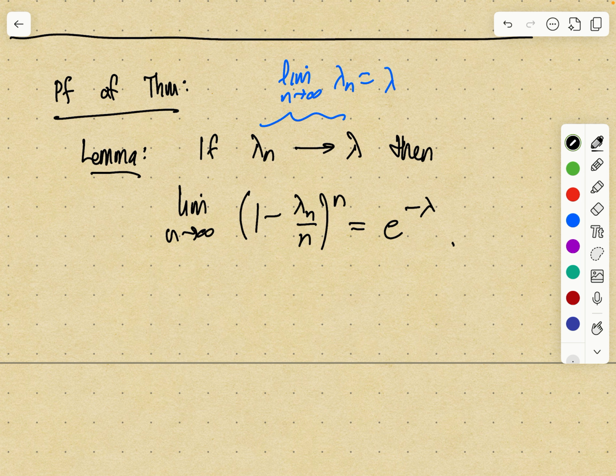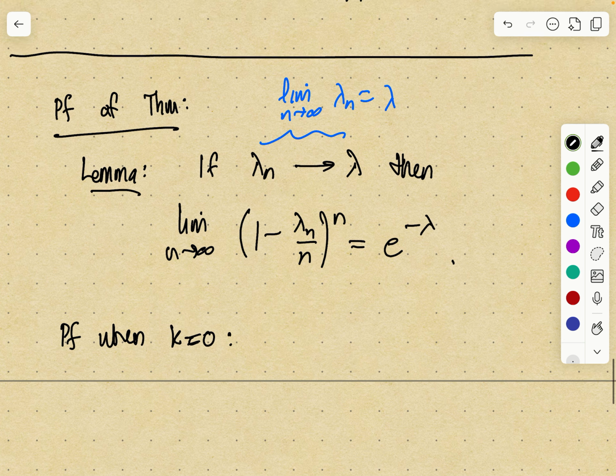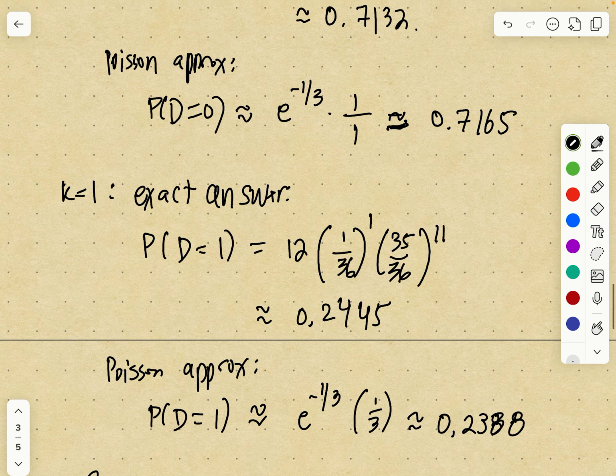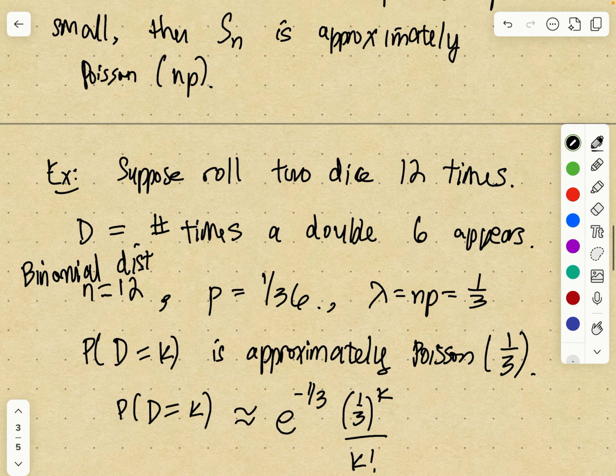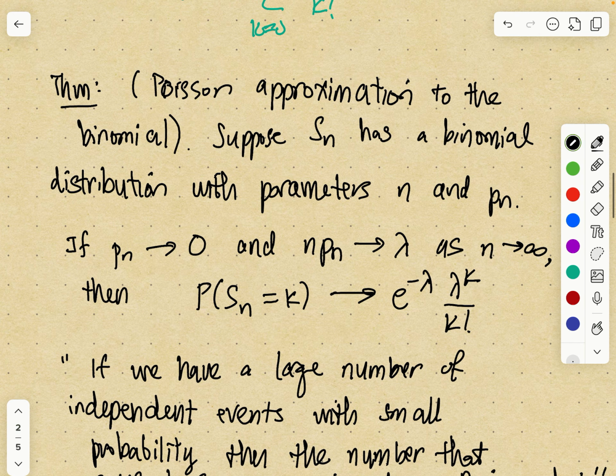Okay, so I'm just going to skip it. And using this result, how can we prove the theorem? Well, let's prove it when k is equal to 0. So what is the theorem saying when k is equal to 0? We want to show that the probability that S sub n is 0 approaches e to the minus lambda.